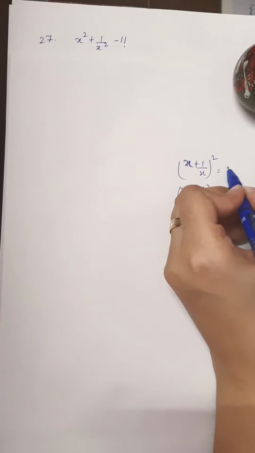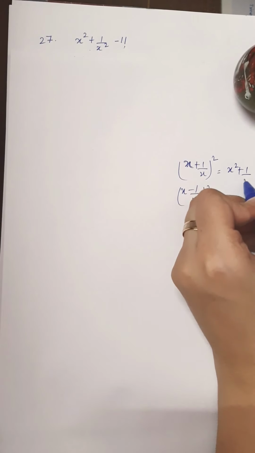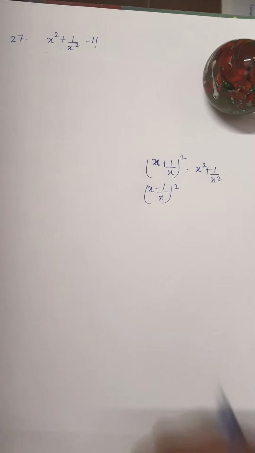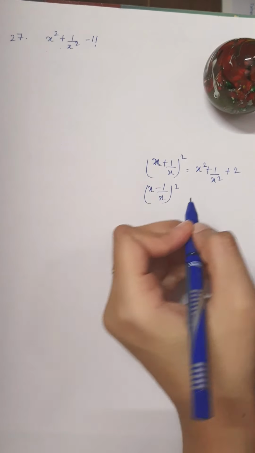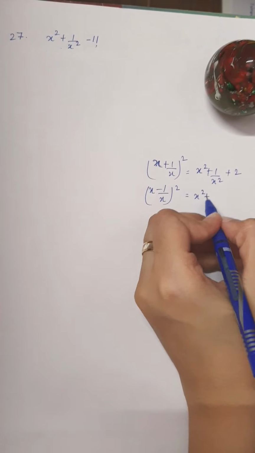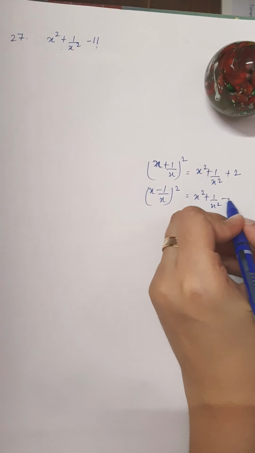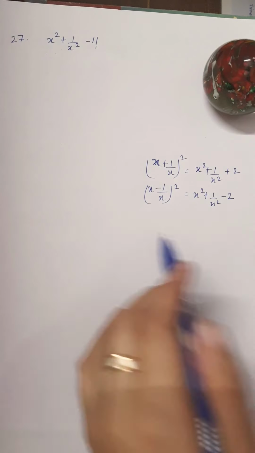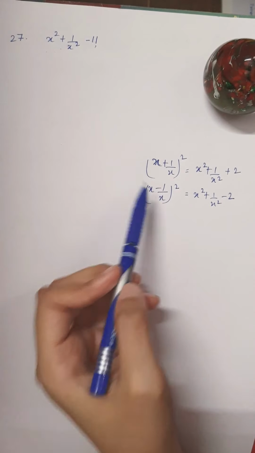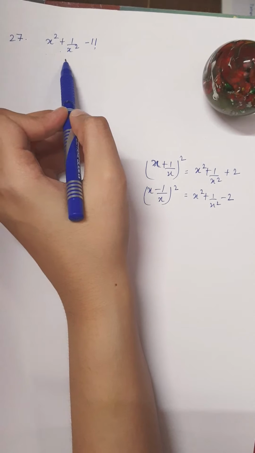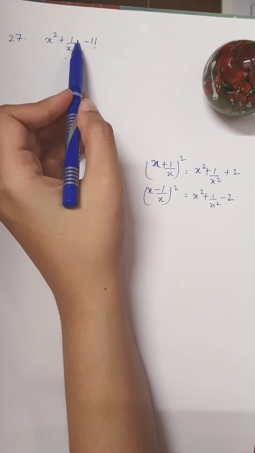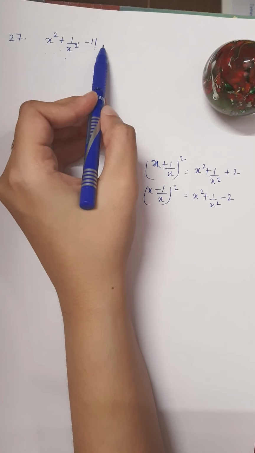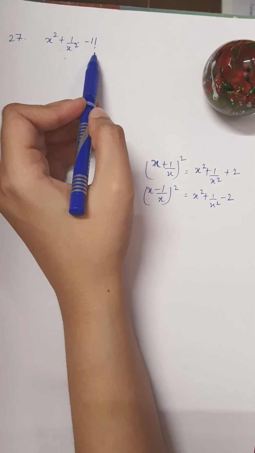So this is x square plus 1 by x square plus 2, and this is x square plus 1 by x square minus 2. Just identities. Now one of these perfect squares will be done here. So either I need plus 2 here or minus 2. That will come from splitting minus 11.